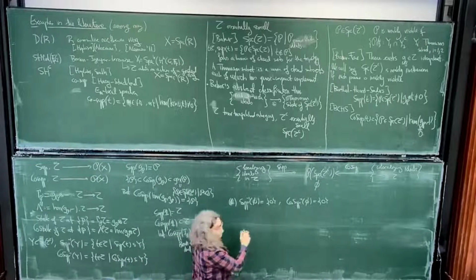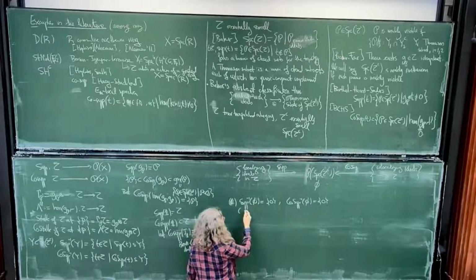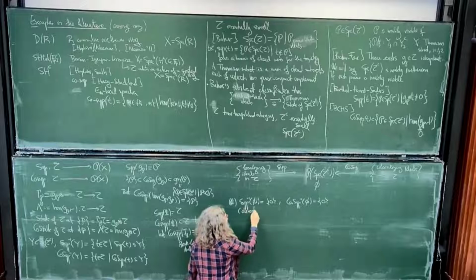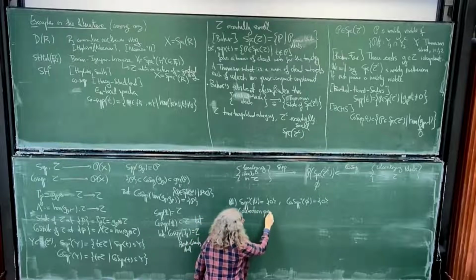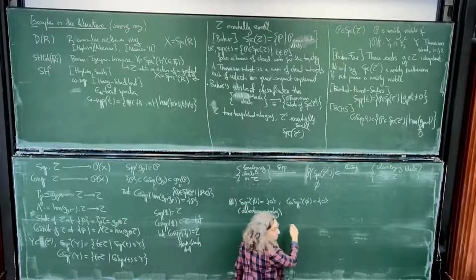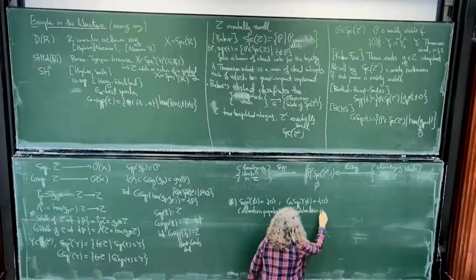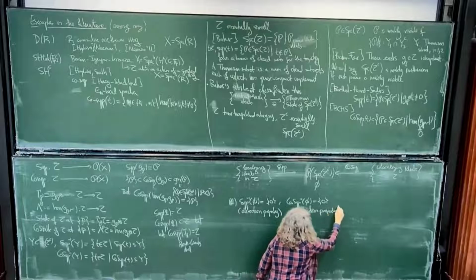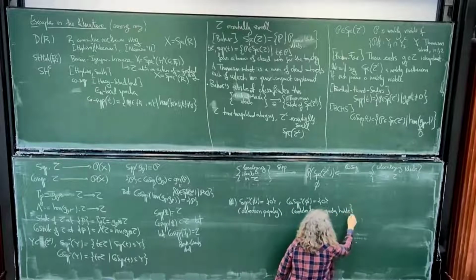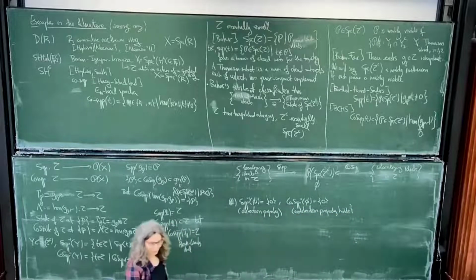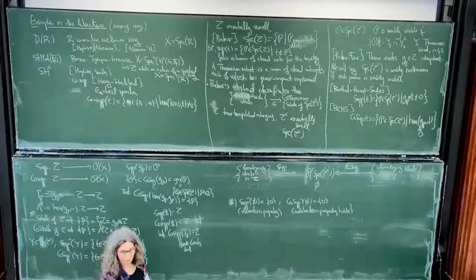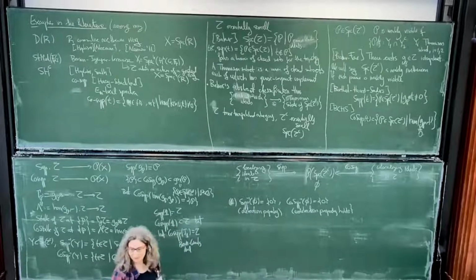And we are going to give a name. When this happens, we'll say that the detection property holds. And when this happens, we'll say that the co-detection property holds. So this is just the first thing that you need to check. Otherwise, you're not going to have a bijection.